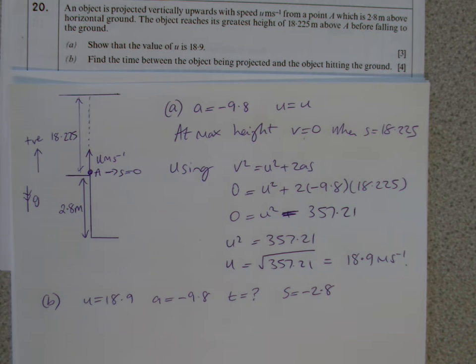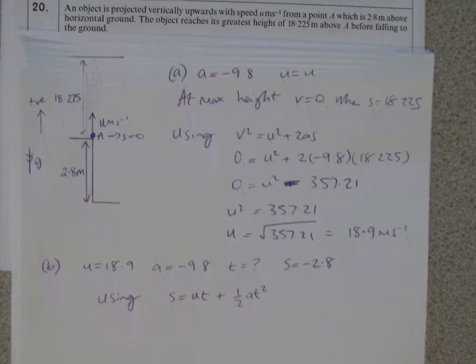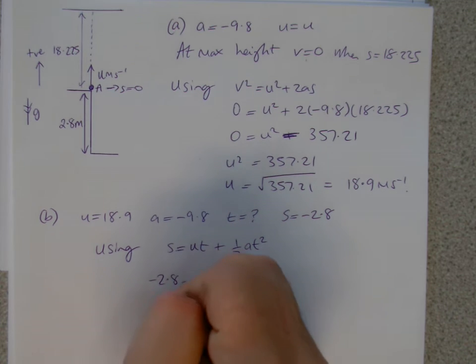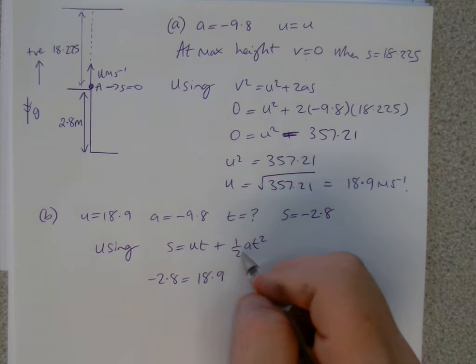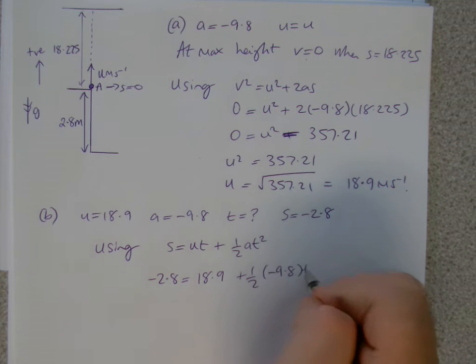So we can work out time using s equals ut plus half at squared. If we put in our numbers, minus 2.8 for s, u is 18.9, plus half times minus 9.8 t squared.